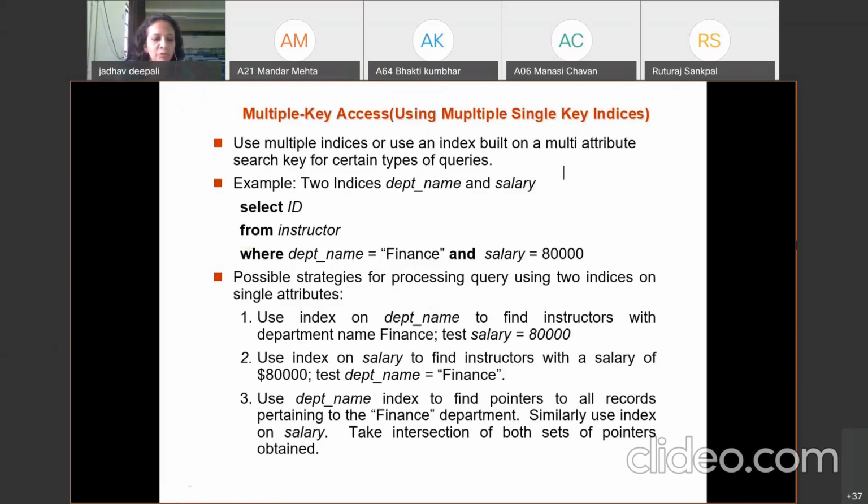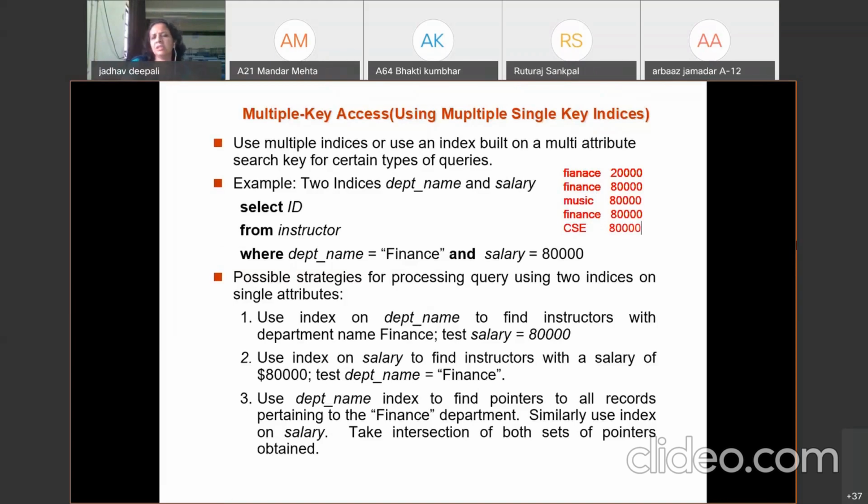Suppose finance department with salary 20,000, then finance with salary 80,000, then music with salary 80,000, then computer science with salary 80,000.